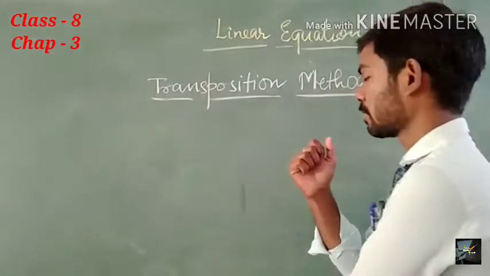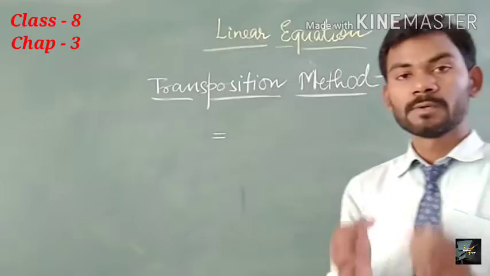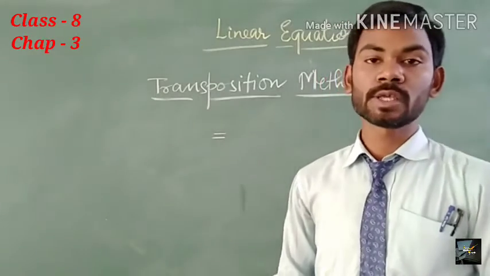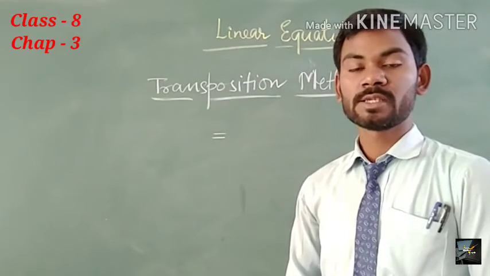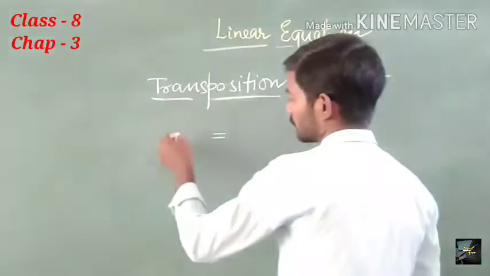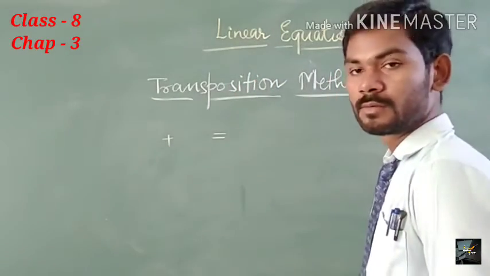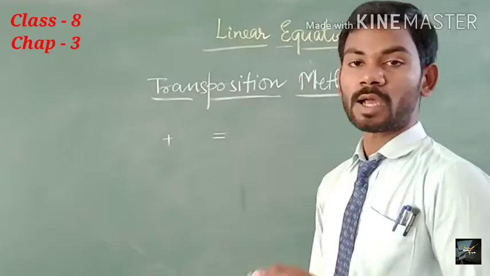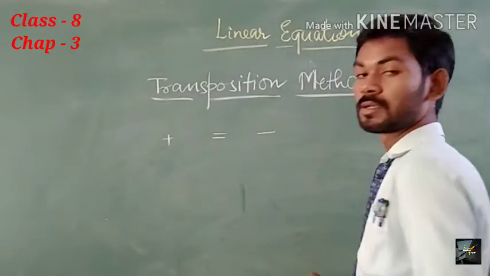In this method, whenever any quantity is transferred to either side of the equal sign, its sign, that is the operation, becomes reversed. If any quantity has a plus sign and is transferred to the other side of the equal sign, it becomes reversed and we get a negative sign.